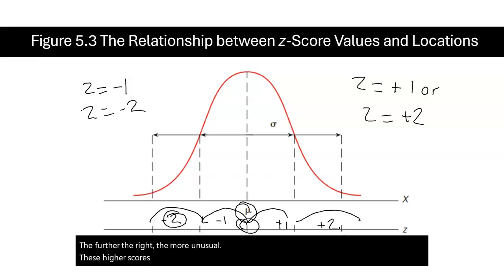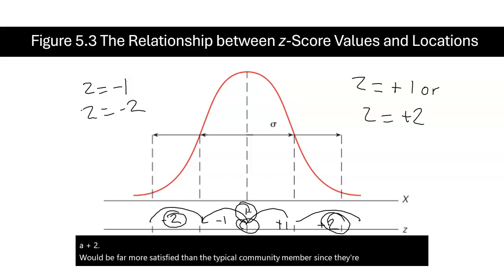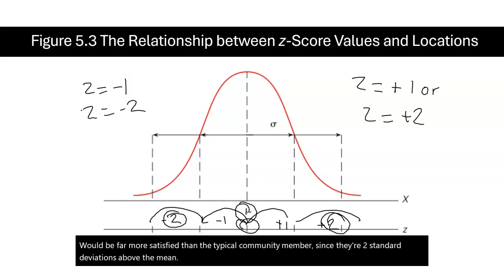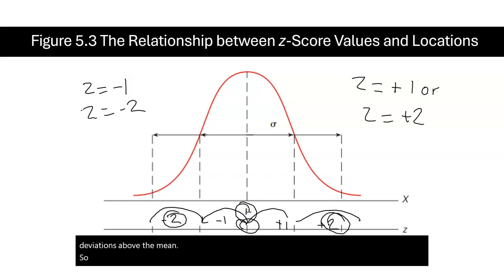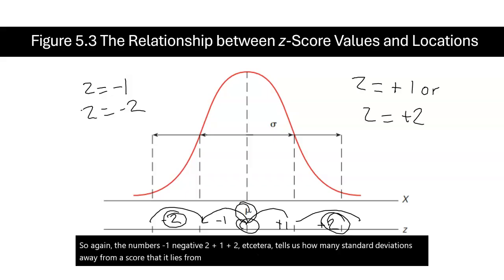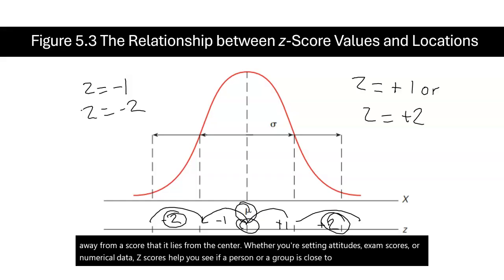So if you're researching neighborhood satisfaction, someone with a +2 would be far more satisfied than the typical community member, since they're 2 standard deviations above the mean. Again, the numbers -1, -2, +1, +2, etc. tell us how many standard deviations away from the center a score lies. Whether you're studying attitudes, exam scores, or numerical data, z-scores help you see if a person or a group is close to average or stands out.